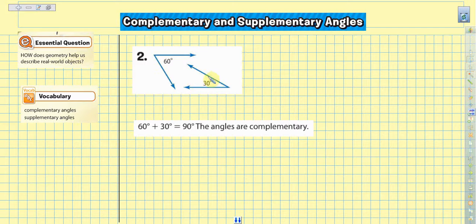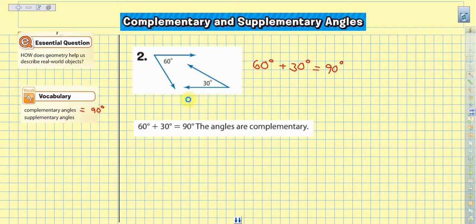Sometimes the angles don't have to be together, they can be separate, and you're asked, are these two angles supplementary or complementary or neither? And you would just say, okay, I have 60 degrees, and if I add it together with 30 degrees, I get 90 degrees. Well, a 90-degree angle is complementary angles.